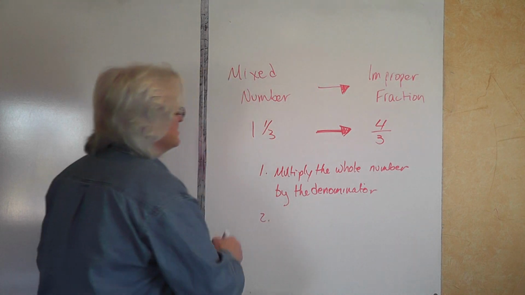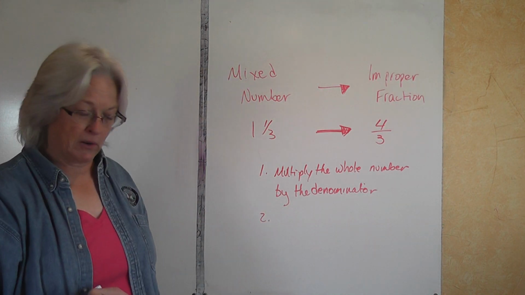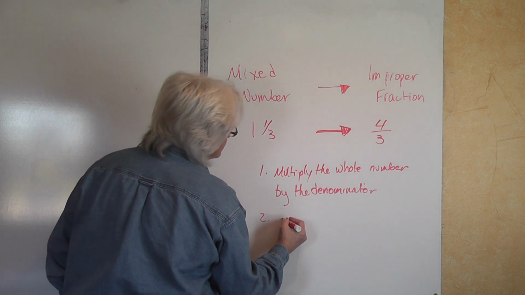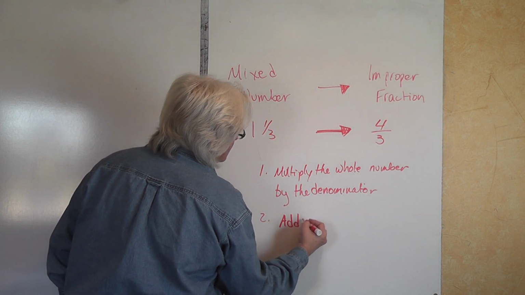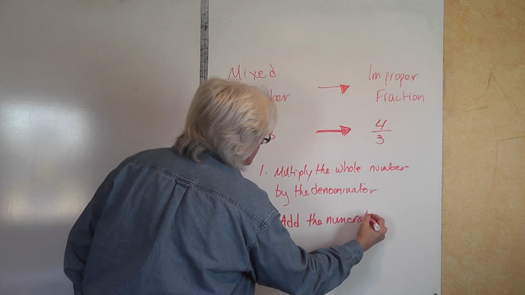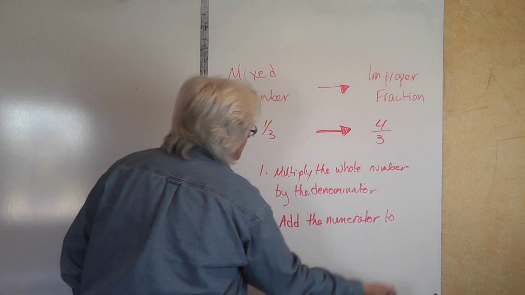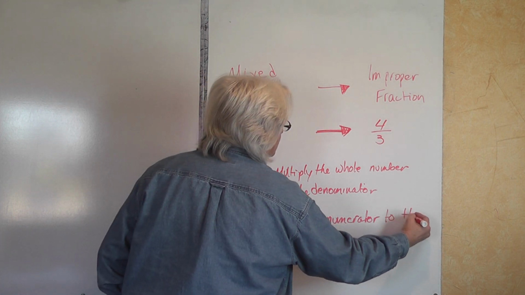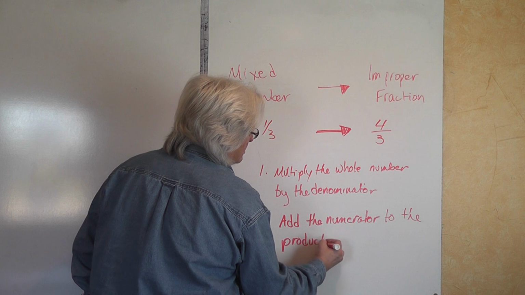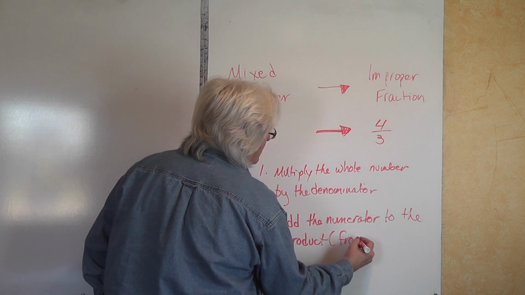The second step, so if we multiply the whole number by the denominator, 1 times 3, we get 3. Add the numerator to the product from step 1.